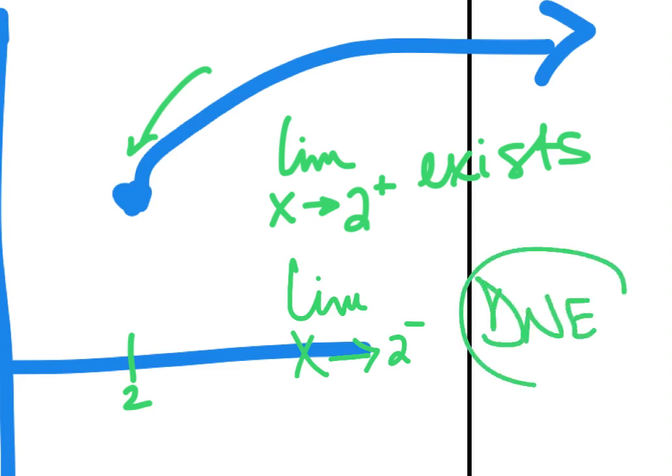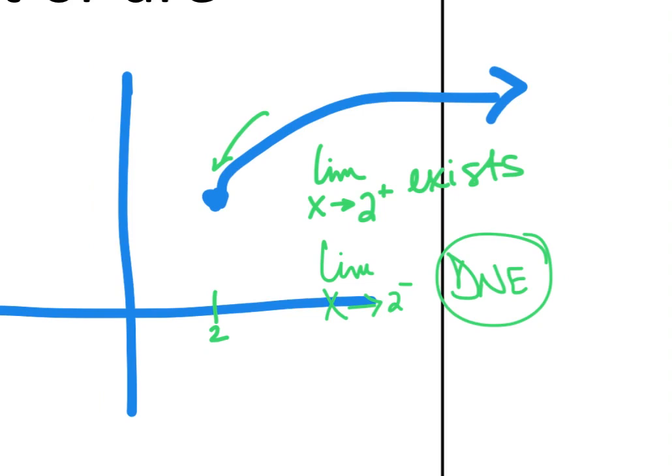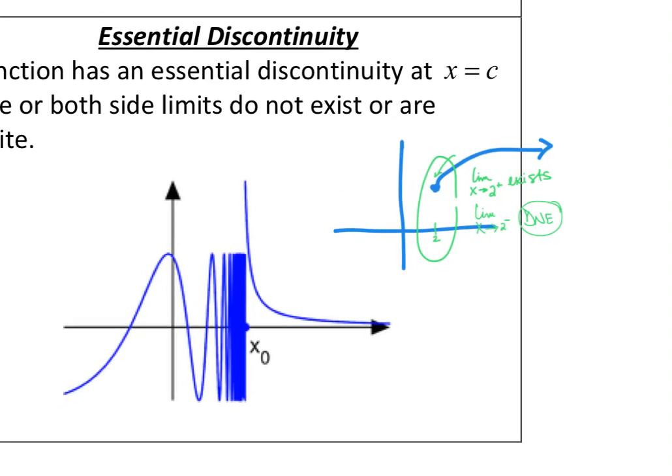And so if either the left limit or the right limit doesn't exist, or if the function isn't defined to one side or the other of the x value in question, then that's called an essential discontinuity.